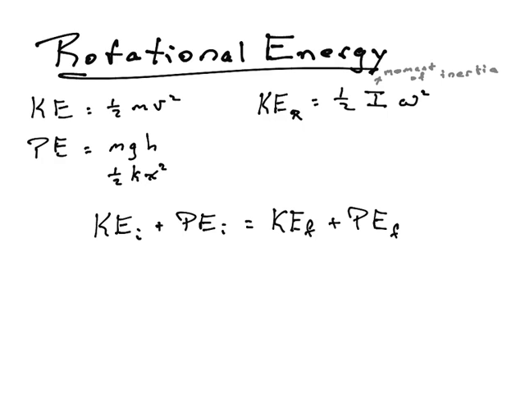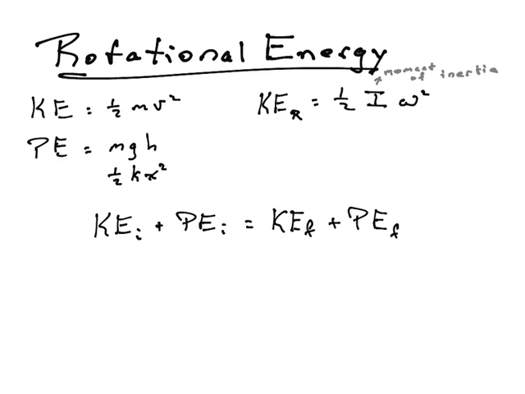And we said before that potential energy stood for all the different potential energies that could be part of your system. So sometimes it's just mgh, sometimes it's just 1/2 kx squared, but we had some problems where the object went up a hill and hit a spring, so we needed both mgh and 1/2 kx squared. And we said, oh, all that means is wherever you see potential energy, you just have both potential energies.